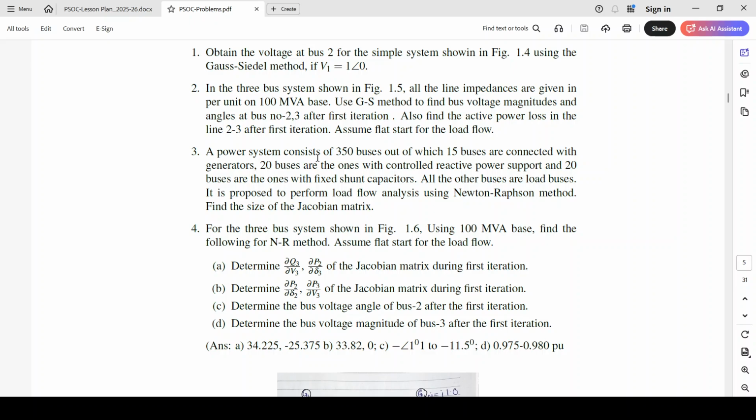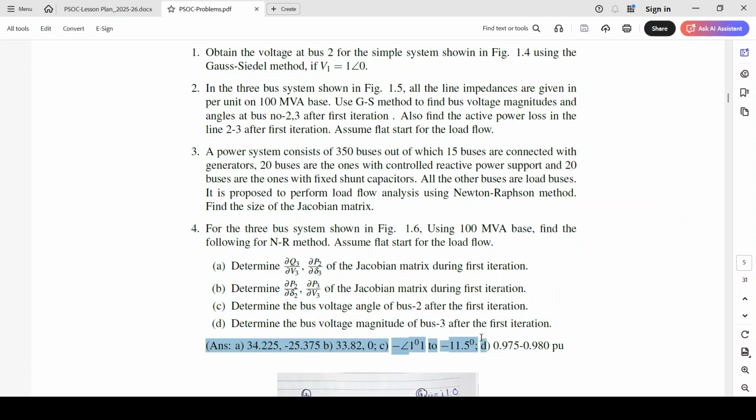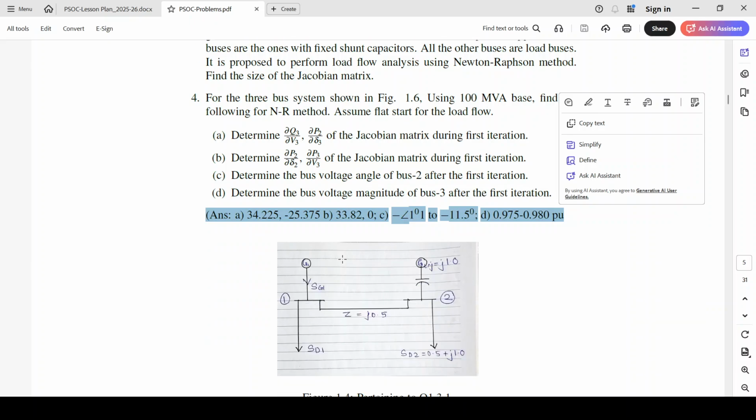The solution is given in the slide. Now question number 4 simply asks you to evaluate the various Jacobian elements. I have given the answers here, but you have to use the formula given in the PPT presentation to evaluate this.